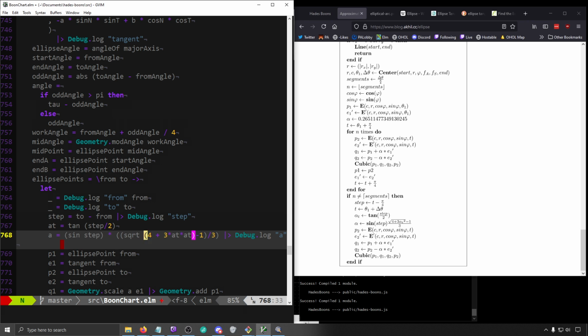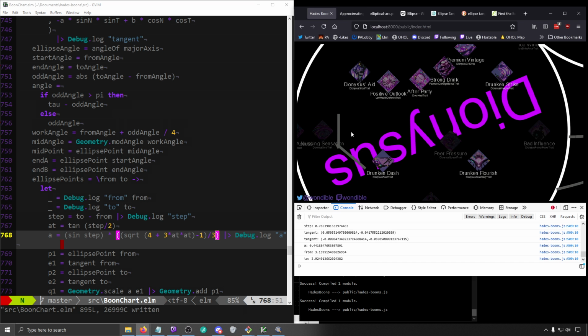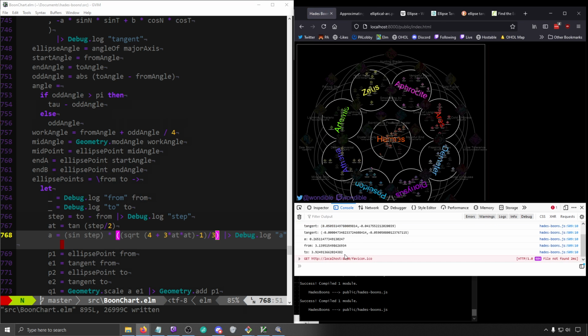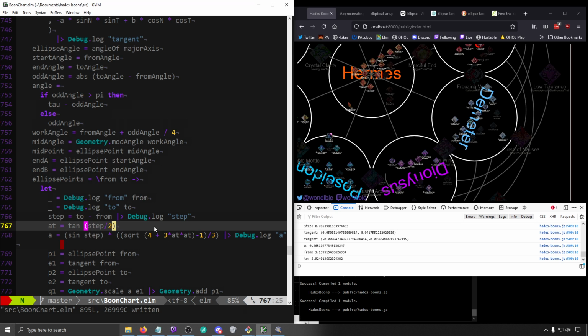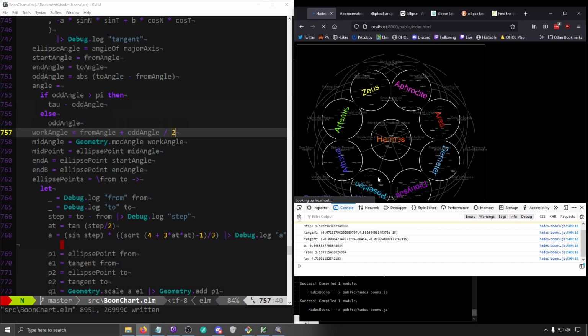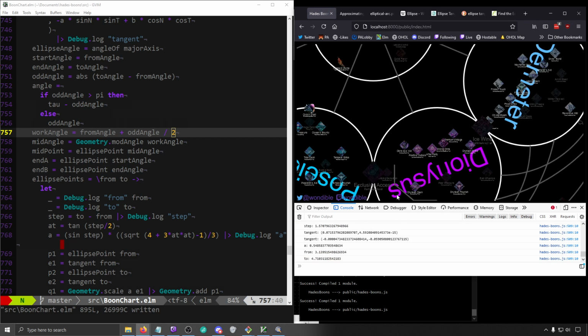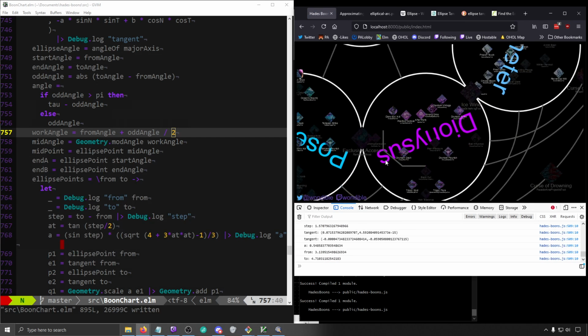Square root of that term, -1, all divided by 3. So that might actually explain that. Hey, 0.26. That looks a bit more believable. That looks kind of believable.